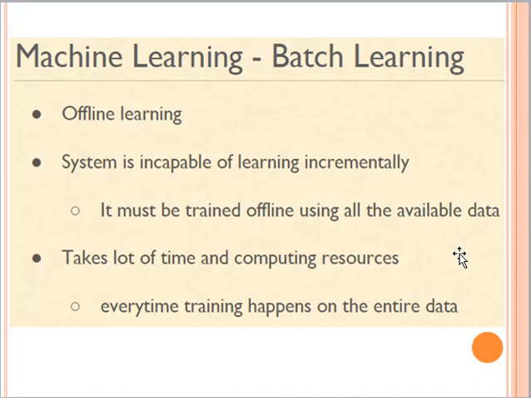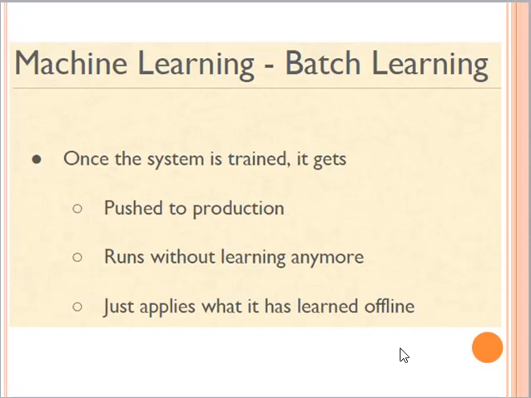So every time the training happens, I will be using the entire data and training my algorithm on the whole data set. And once my algorithm is trained on the whole data set, and I am happy with the results, then I will push it to production, or it will be used for the prediction or classification of unseen data, right?